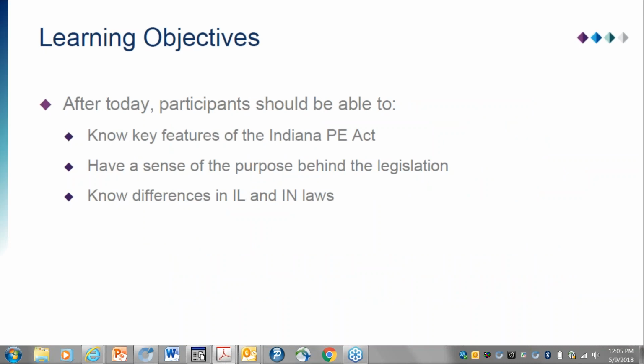Okay, so our learning objectives today. It's good to have an idea of what we're trying to cover here. We want you to know more about the Indiana PE Act, have a sense of purpose, and I'm going to be trying to point out to you some of the differences in Illinois and Indiana. We assume all of you who are participating today have a dual license, that you're not licensed just in Indiana, but also in Illinois, and the hope is I can point some things out.